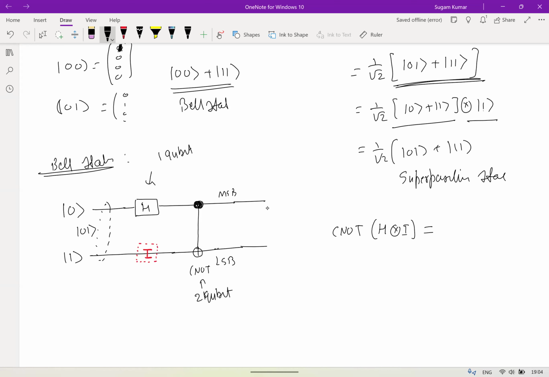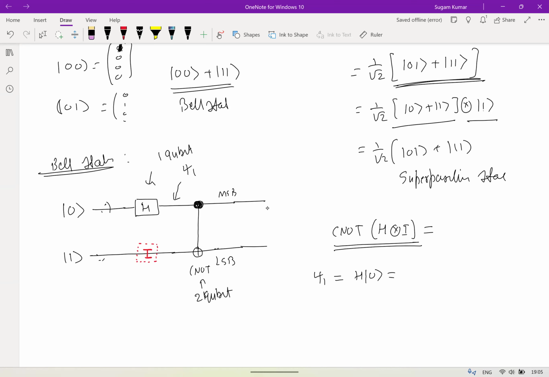Or maybe simply you can go one by one. You can try to find the wave function, the state here. Let me call it psi1. So psi1 will be H operating on 0. You can also write down the matrix here and then apply it on 0 1, or you can go step by step.